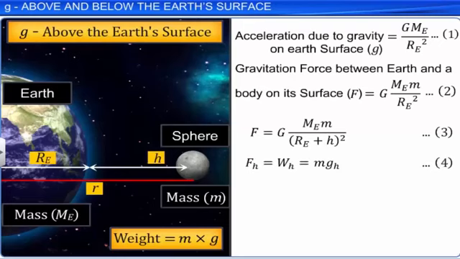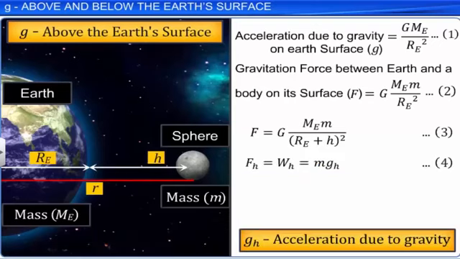In this equation, gh is the acceleration due to gravity at a given height from the surface of the Earth. We can obtain acceleration due to gravity at a given height by equating 3 and 4. Let this expression be equation 5.